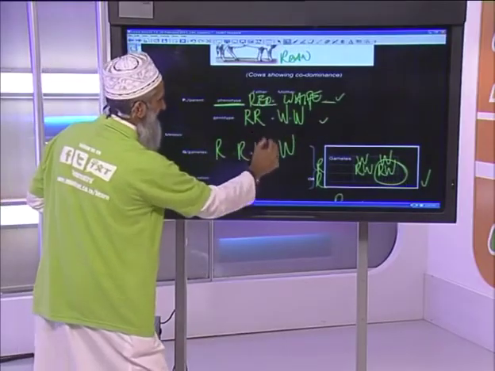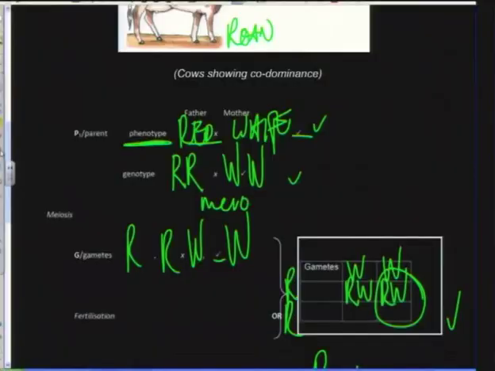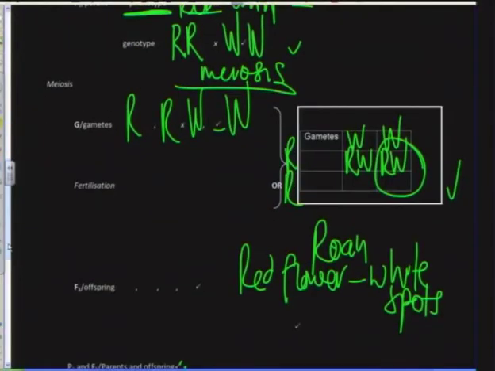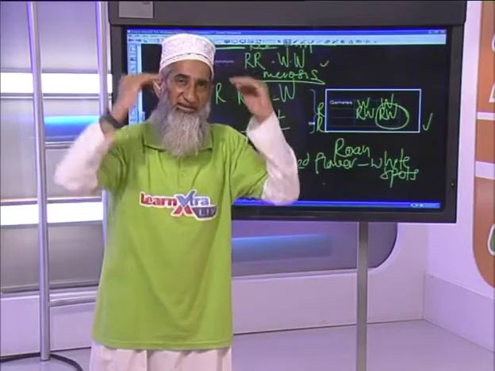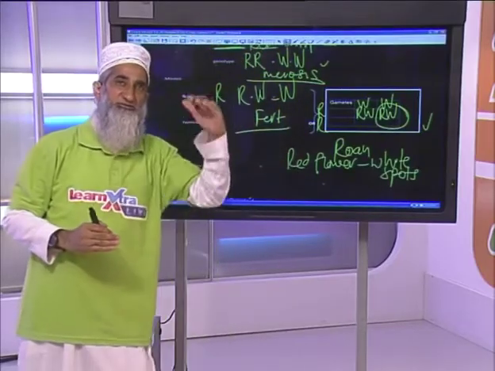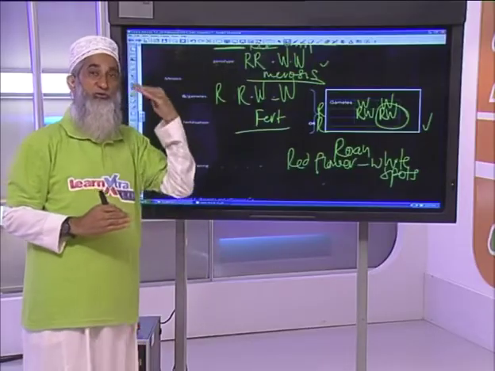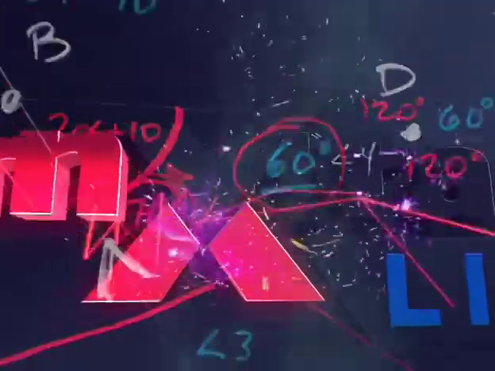In the formation of the gametes, meiosis will come here. And fertilization will come after the gametes have been formed, in line with the Punnett square. Keep this in mind and follow this pattern for every genetic problem. Otherwise, you will lose marks unnecessarily.